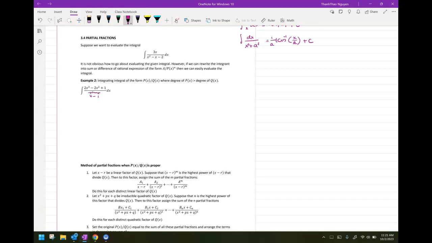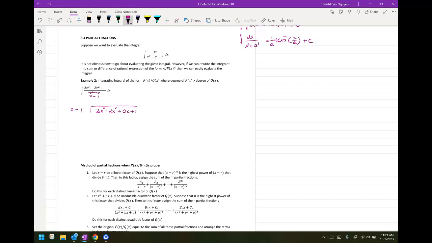Now, when the degree of the numerator is greater than the degree of the denominator, one thing we can do is the long division of polynomials. So we take a look to see how many times x minus 1 goes into 2x cubed minus 2x squared plus 0x plus 1.